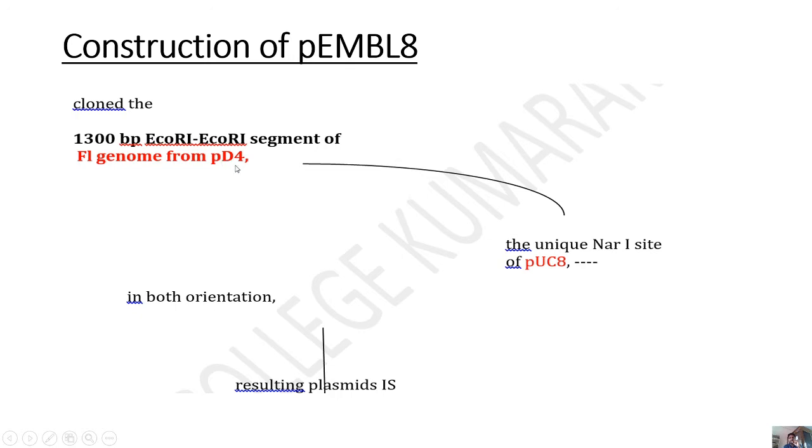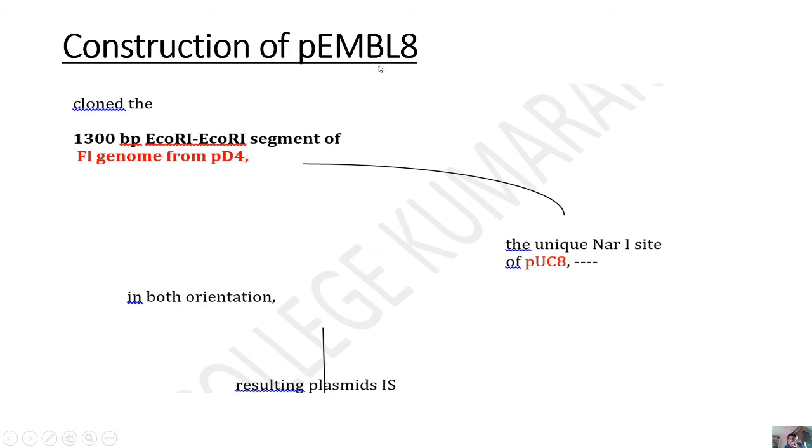This pD4 vector is a kind of hybrid vector already constructed, and it has an F1 genome inserted into the plasmid vector. So you have to treat that pD4 with EcoRI, and that EcoRI treatment can excise a fragment having a size of around 1300 base pairs, and that fragment needs to be inserted into the EcoRI site of pUC8.